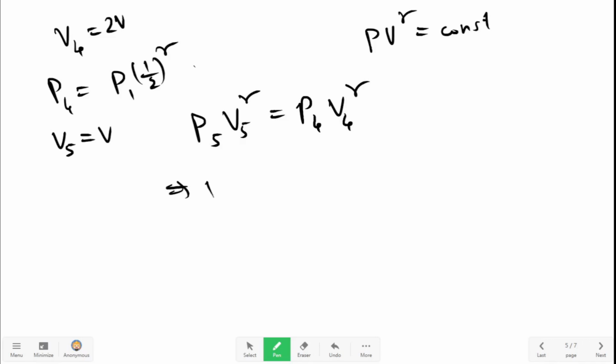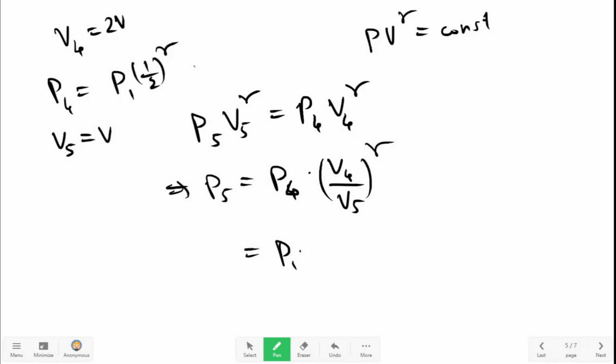This implies P5 is equal to P4 into (V4 divided by V5) raised to gamma, which is equal to P1 into (1 by 2) raised to gamma, this is P4, times (V4 is 2V divided by V5 is V) raised to gamma.